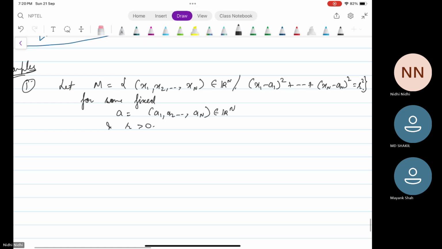Now we'll use the second definition. It's a hollow sphere; we are taking just the boundary. Let x naught belonging to M be arbitrary.